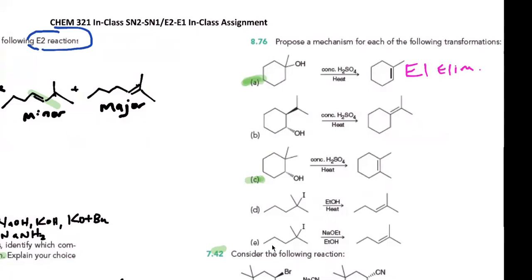All right, what about C? Look at the product, look at the conditions. Do you think it's E1 or E2?